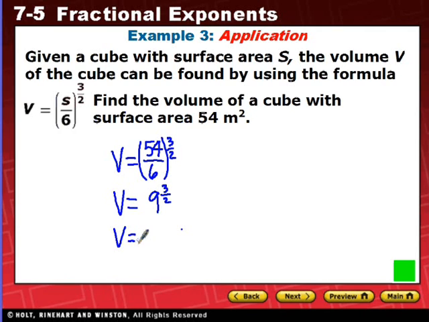So we're going to take the square root of 9, put the index if you like, and then cube it. So the square root of 9 is 3, cubed makes 3 times 3 times 3, which is 27. The units were meters squared to start with, but now we're in volume, so that would be meters cubed.